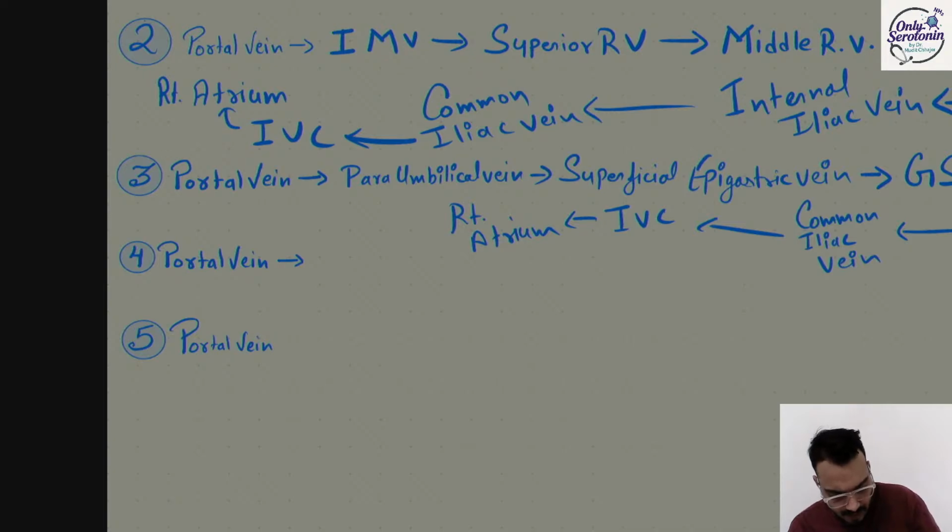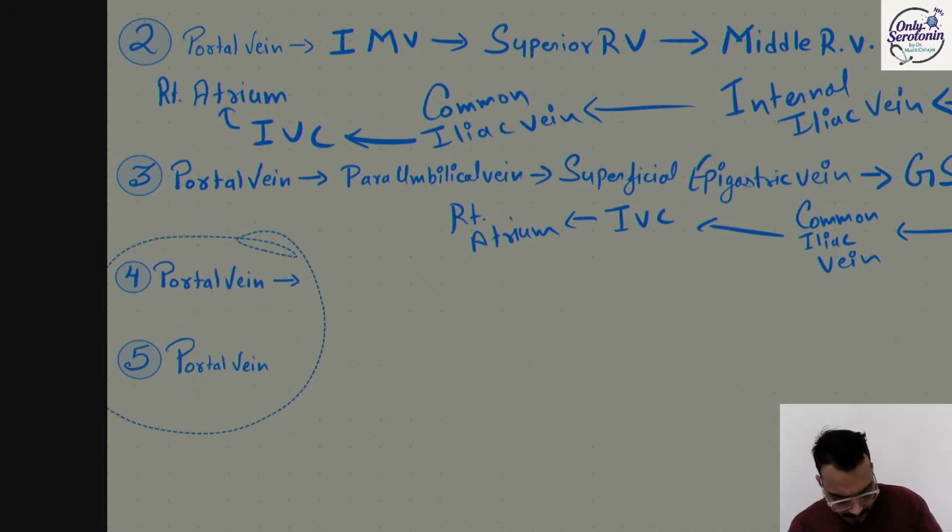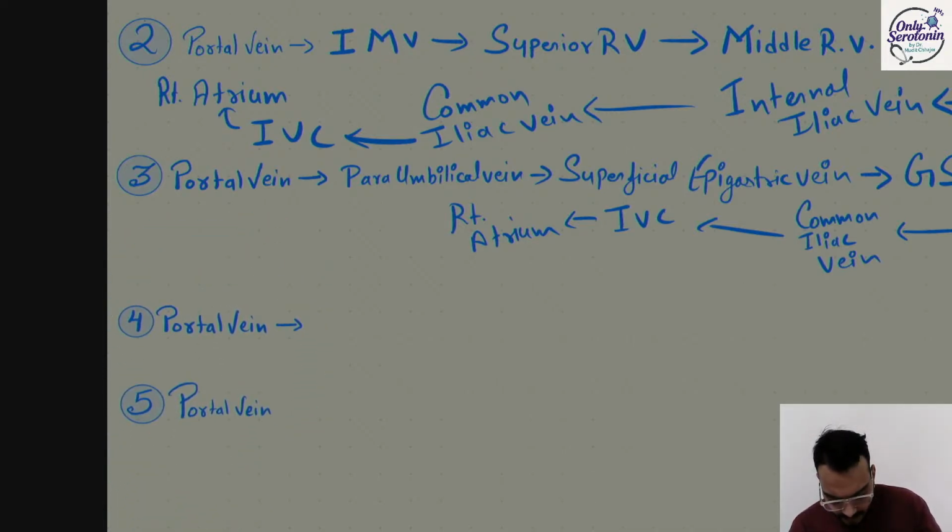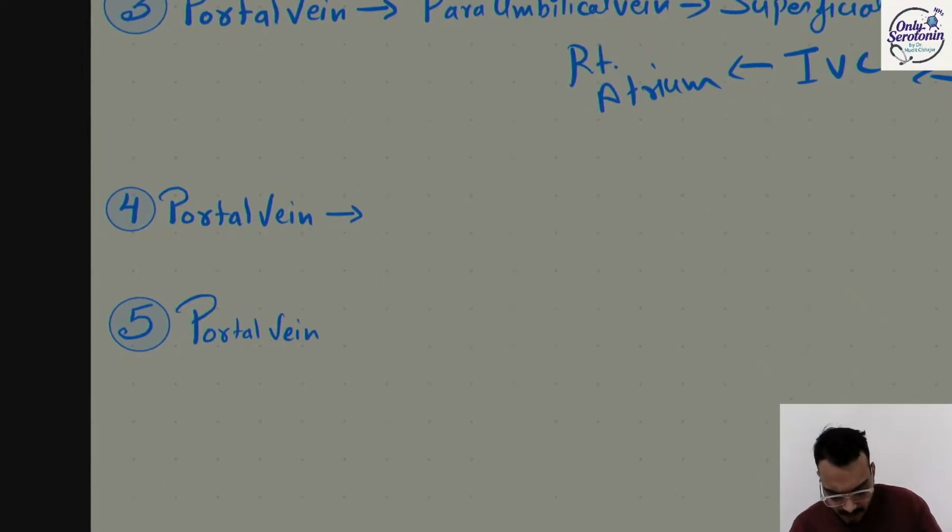Now what are the fourth and fifth one, guys? Fifth one is easy, fourth one is also not very big, guys, so no need to get afraid. Only second and third one is big, so try to learn it, guys. You can do it, I know.